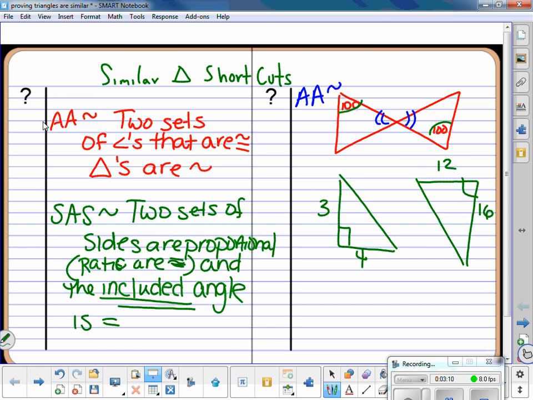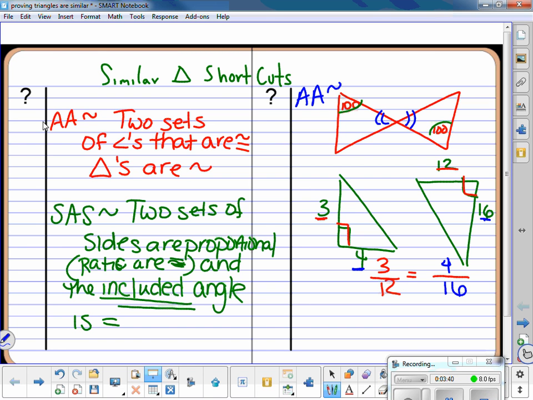Well, you notice that the two right angles are equal. Are you with me? Now we need to see if the sides are proportional. Remember, you always put the smallest length side of one triangle together with the smallest length side of the other triangle. So that means 3 would go with 12, 3 over 12. And then you take the larger one of each triangle and put them together. Now, let's reduce this.